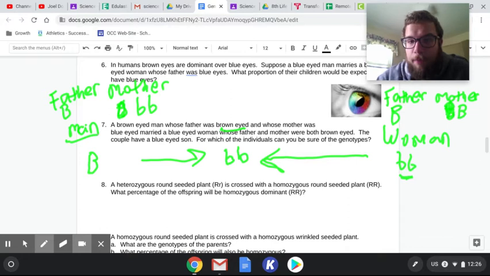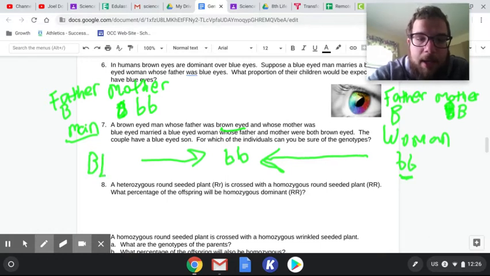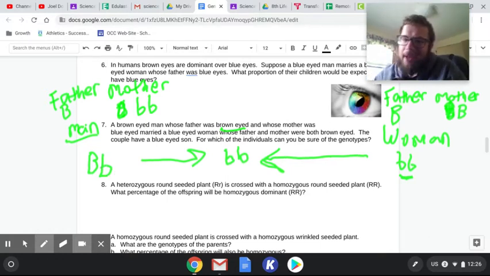There's no way they could have a blue-eyed offspring, and he would have to be like, I'm not your father, like you're adopted, or something even more mischievous happened. So we know for a fact that man has to be big B, little b.